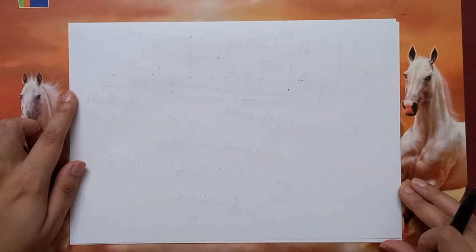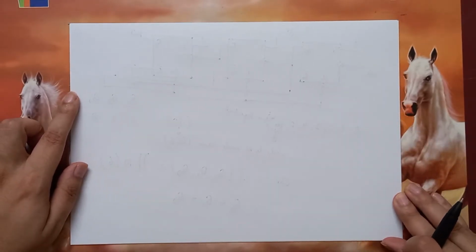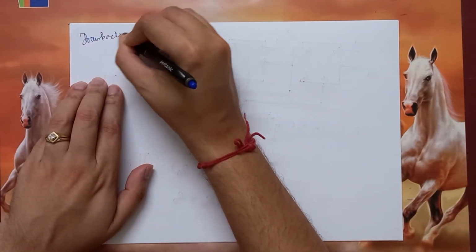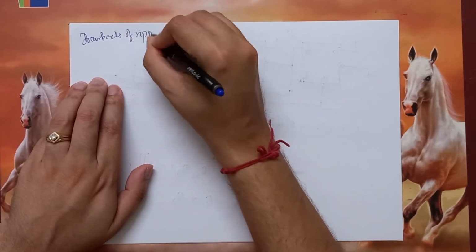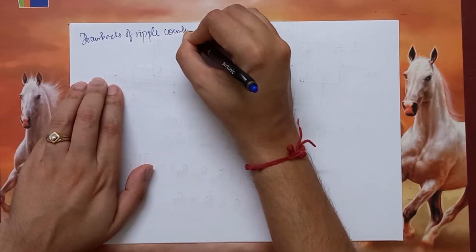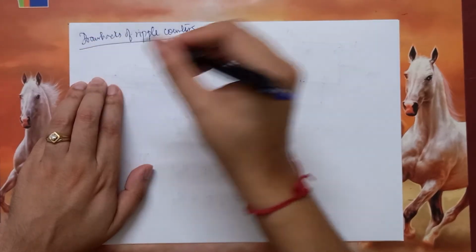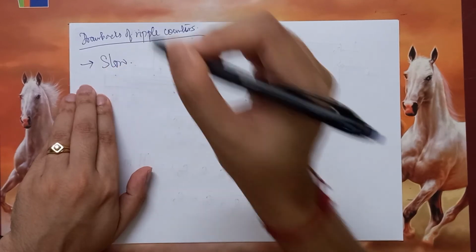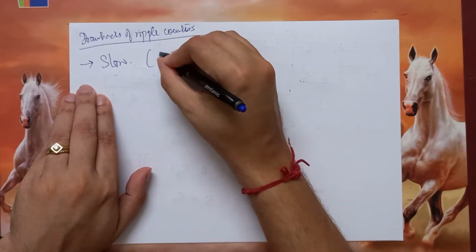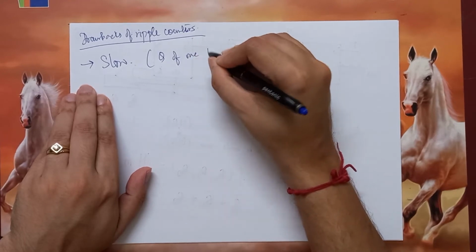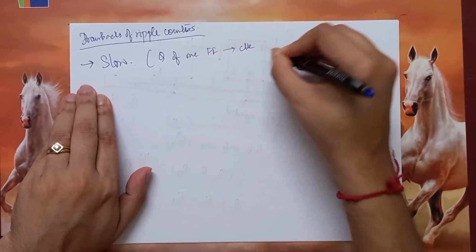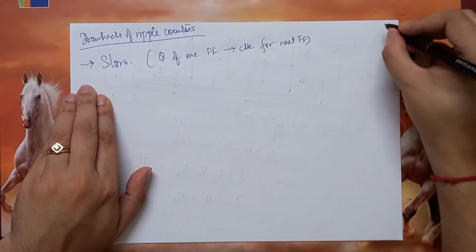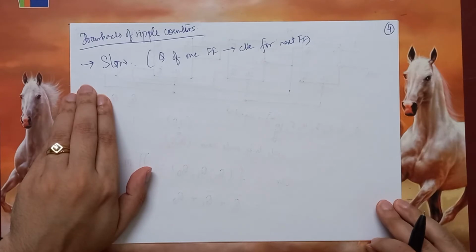Let us write down the drawbacks. First, they are slow because Q of one flip-flop goes to clock for the next flip-flop. That is why they are very slow.